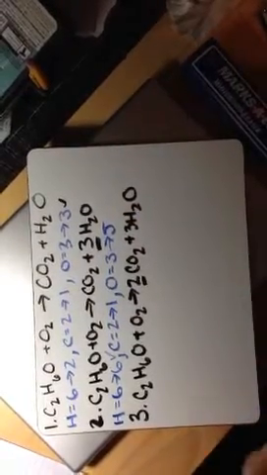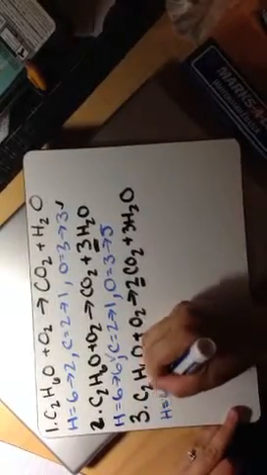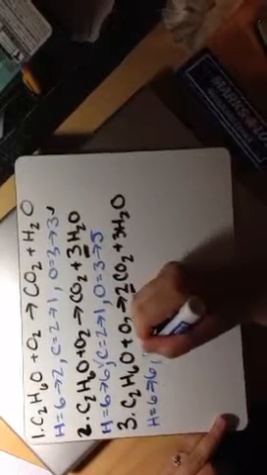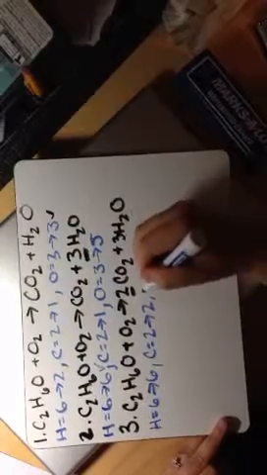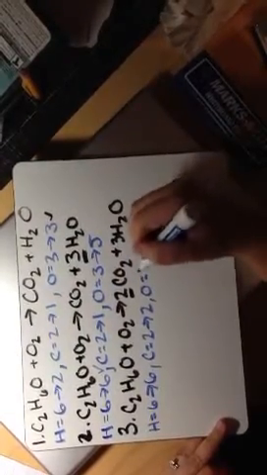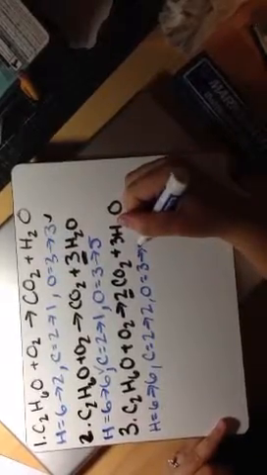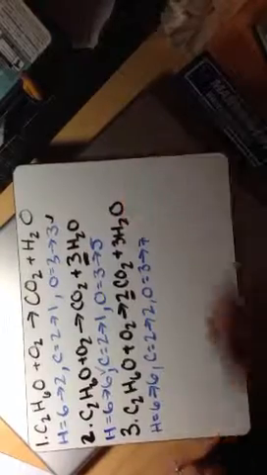So now for hydrogen we have 6 creating 6. For carbon we have 2 going to 2. For oxygen we have 3 going into 4 plus 3 is 7.